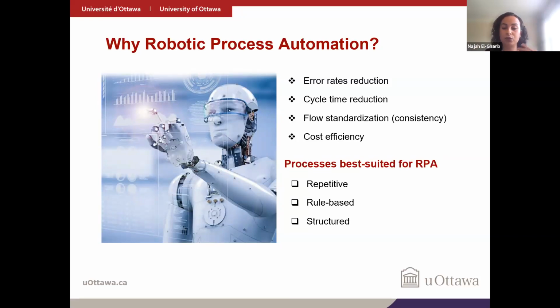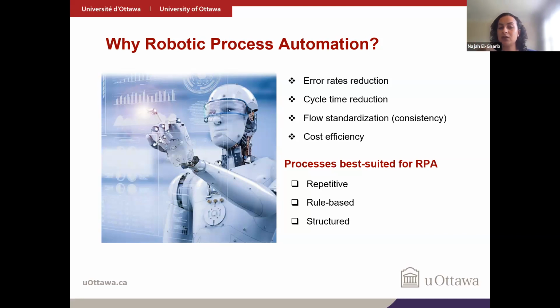They can spend more time on other types of work. And this is relevant in all types of processes, whether HR, procurement, all sorts of finance processes, admission applications, and so on.